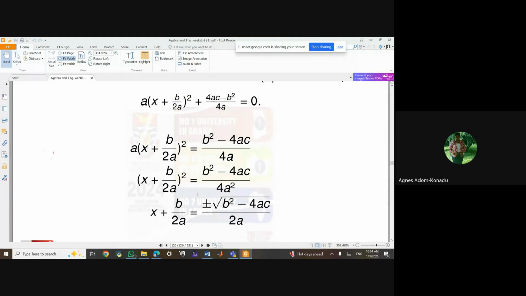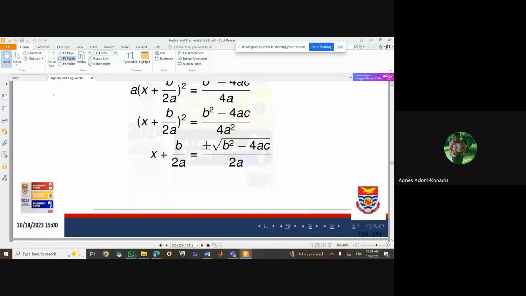Then I find square roots on both sides. So square roots will take care of the square here. So I have s plus b over 2a is equal to, I know that the square root is going to be plus or minus, so plus or minus the square root of b squared minus 4ac divided by the square root of 4a squared, which is the same as 2a.